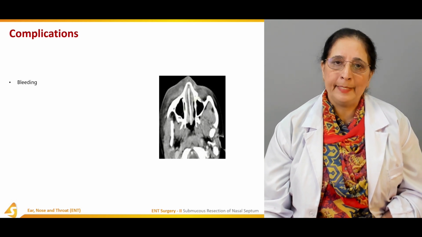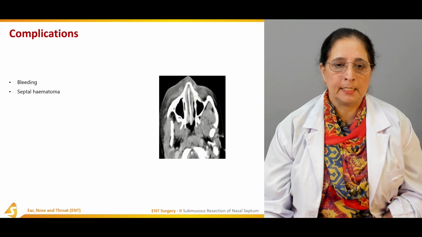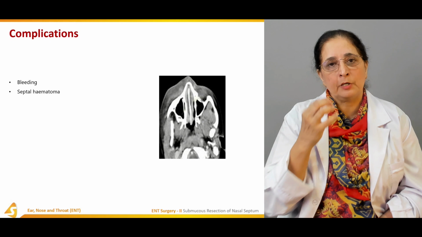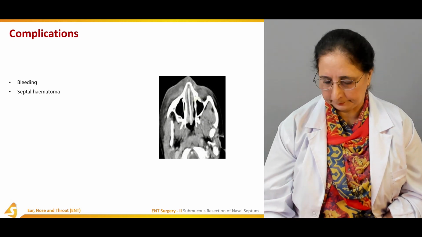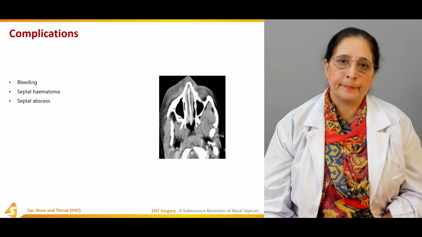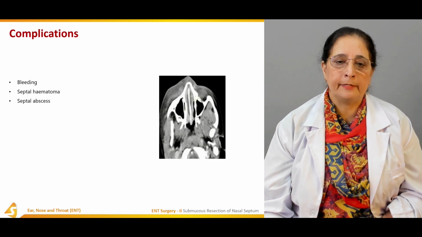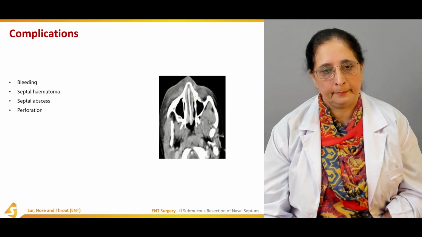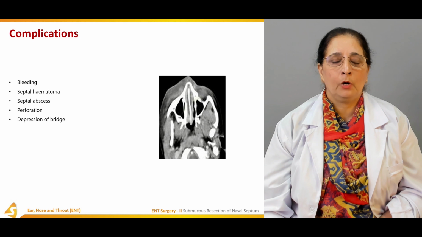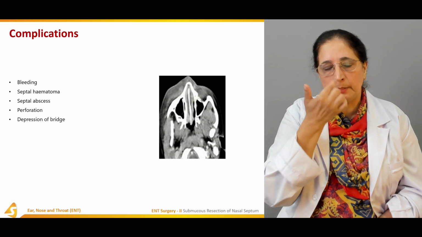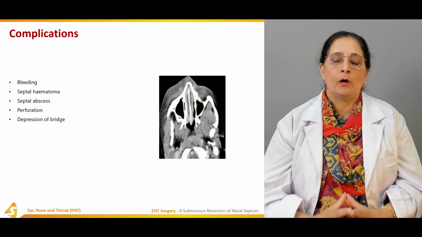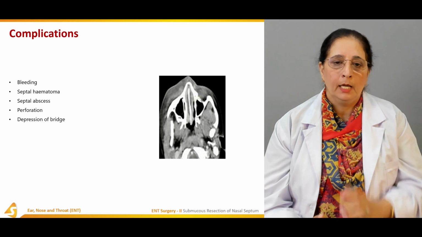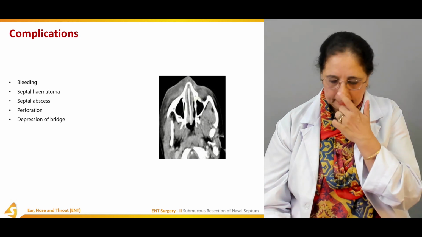Complications that can occur: bleeding is sometimes present. Septal hematoma: as a result of bleeding, a hematoma is formed and there is swelling. Septal abscess can develop if there is infection. Perforation of the septum can also develop. Depression of the bridge can occur, because the septum is the area which is operated on.